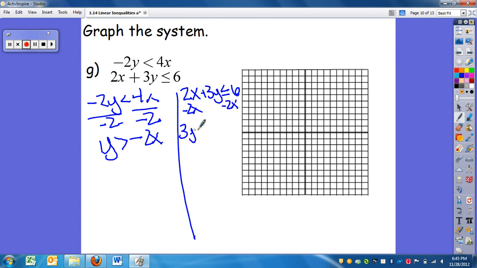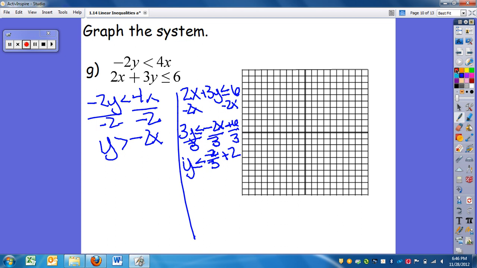So I have 3y is less than or equal to -2x plus 6. Divide by 3. I have y is less than or equal to, again, notice I divided each one individually. I divide by positive, so I don't worry about flipping my sign, plus 2.